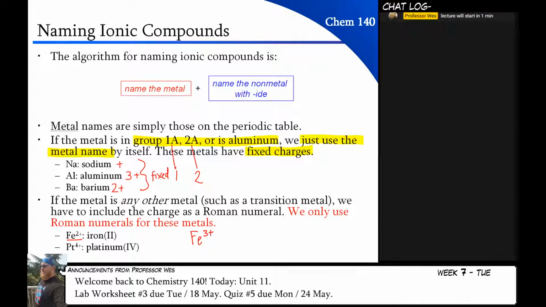So remember, fixed charges, just name it with the metal name right off the periodic table. Any other metal that has a variable charge, you need to use Roman numerals with all of the strings attached. No space between the metal and the parentheses. Do not capitalize the element names.